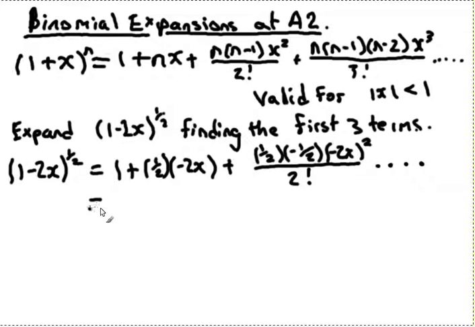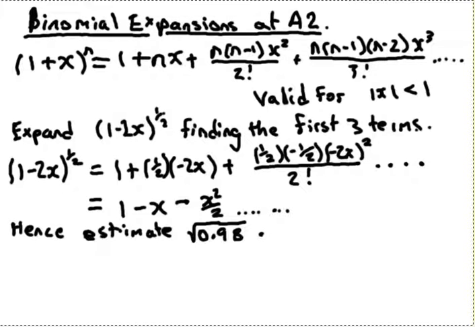We only need the first 3 terms though. That gives me 1 minus x, and then the next value is also going to be negative, and I'm going to get minus a quarter divided by 2, which is minus an eighth. Oh, but I've got minus 2 squared, which is 4x squared, so it's going to be minus x squared over 2. And those are the first 3 terms.